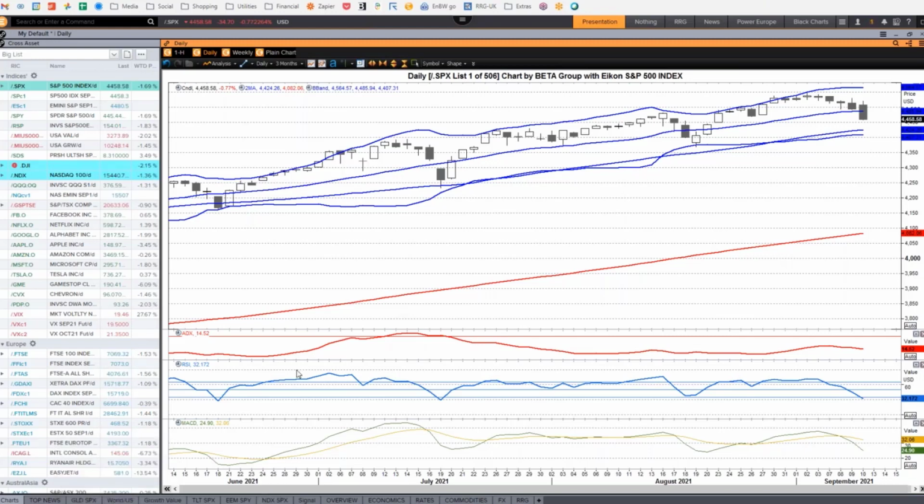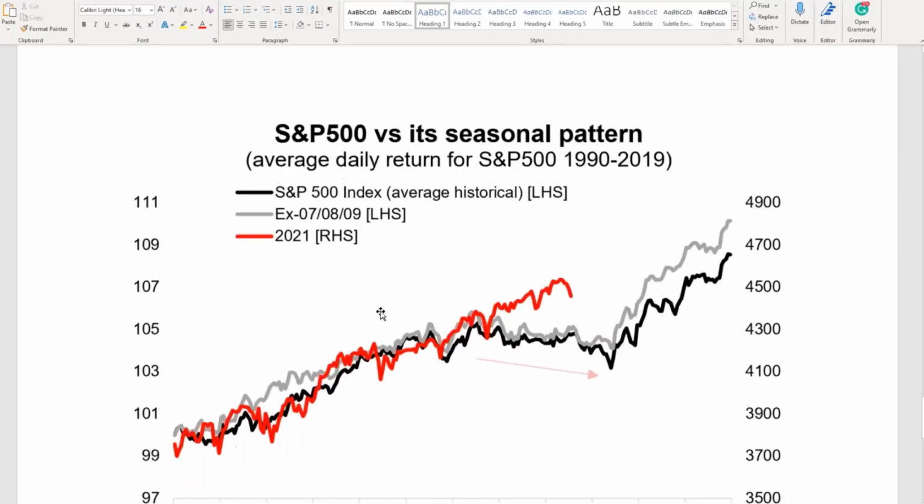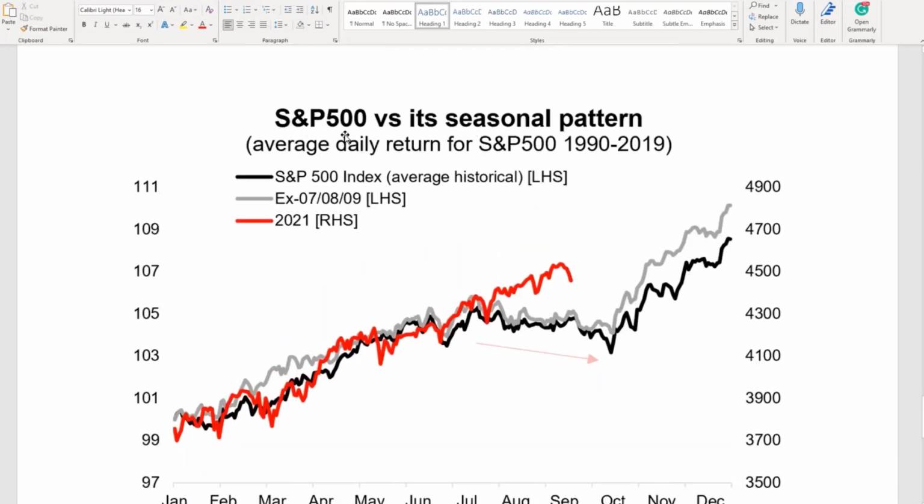But let me show you that graph again. This is a graph I showed you originally 2 weeks ago. It's updated now. So the black line here is the last 10 years of the S&P 500 averaged, and then normalized starting at 100 at January the 1st.